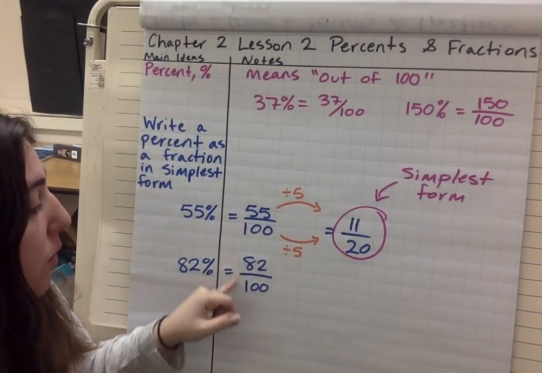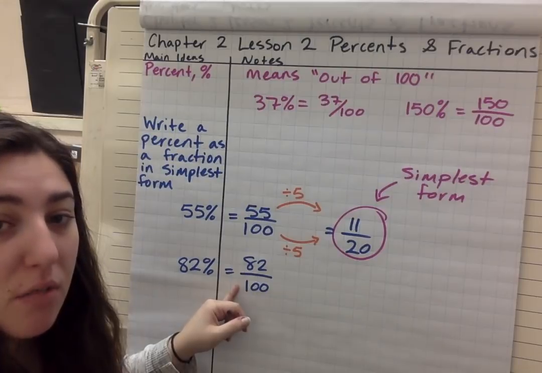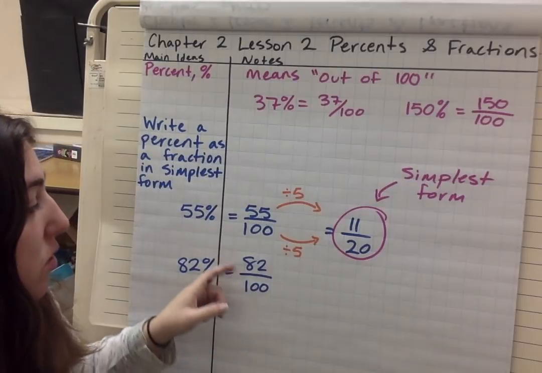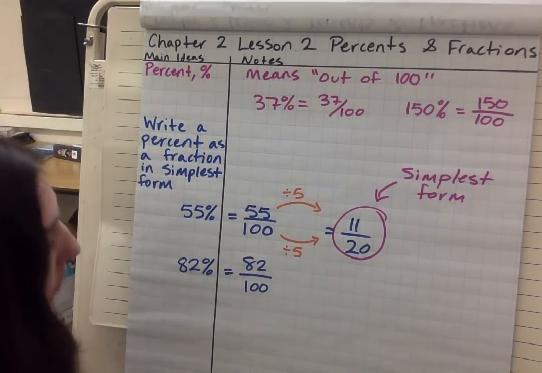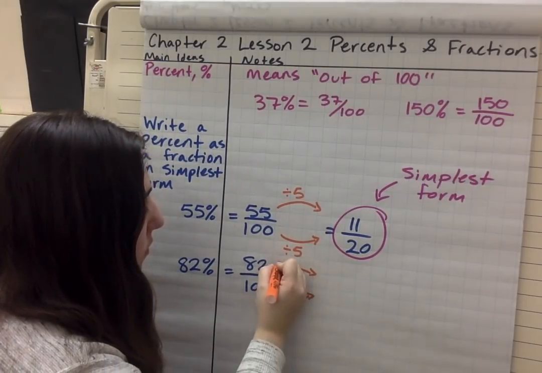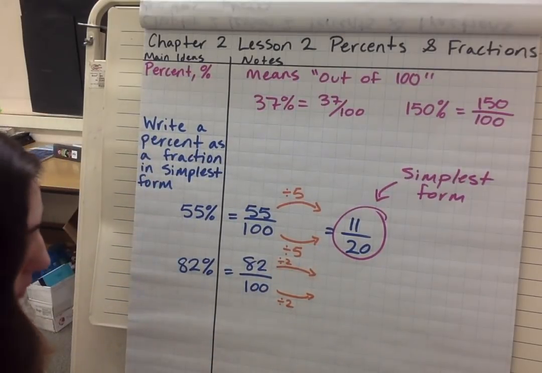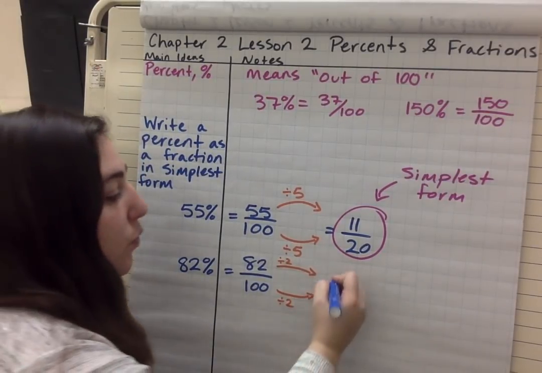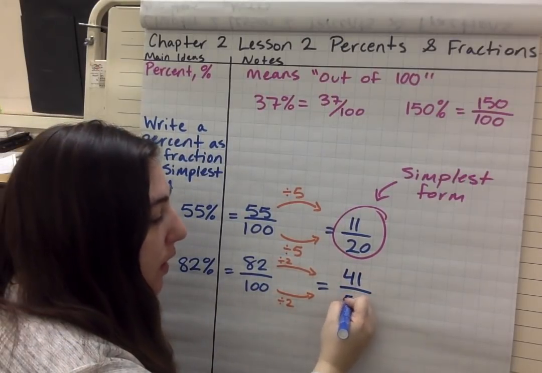And something I noticed with both numbers is that they are both even. Remember, if numbers are even, you can divide them by 2, because 2 will always be a factor of them if they are even. Okay, so let's divide by 2. 82 divided by 2 is 41, and 100 divided by 2 is 50.